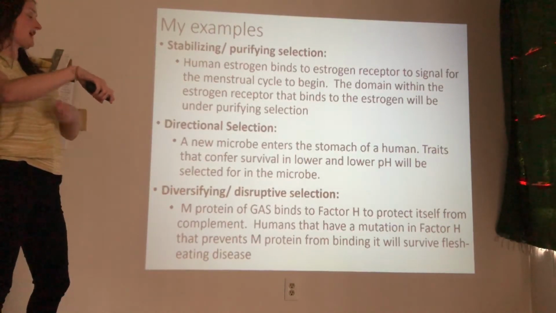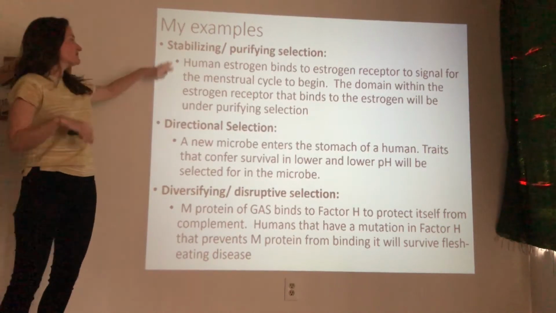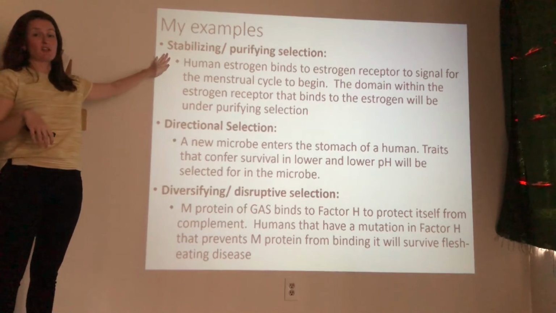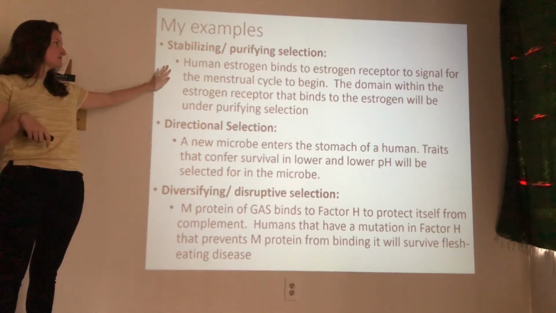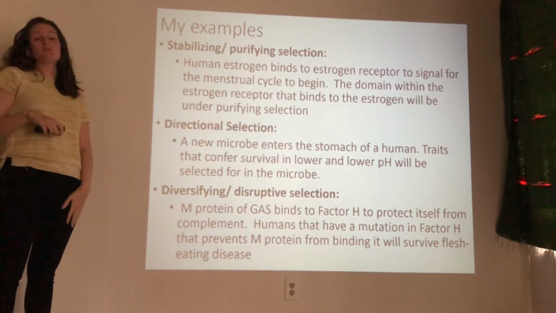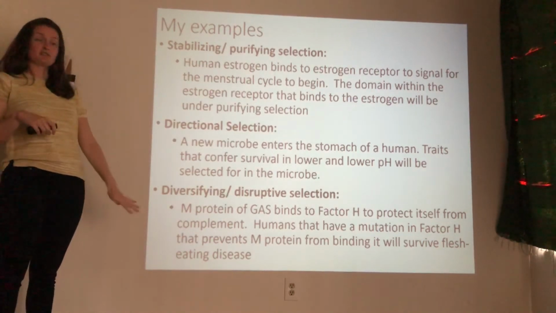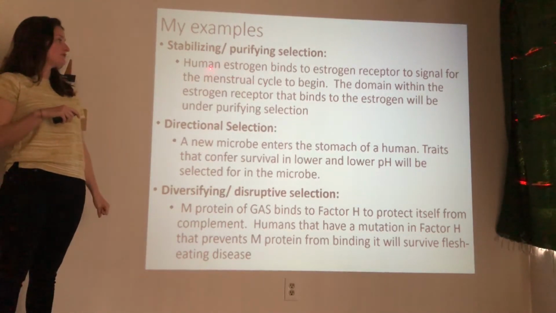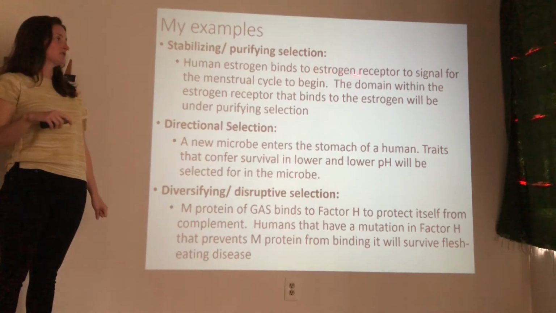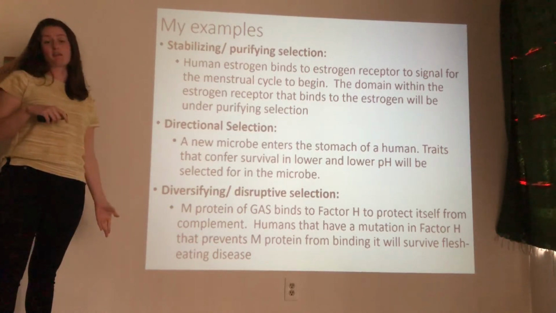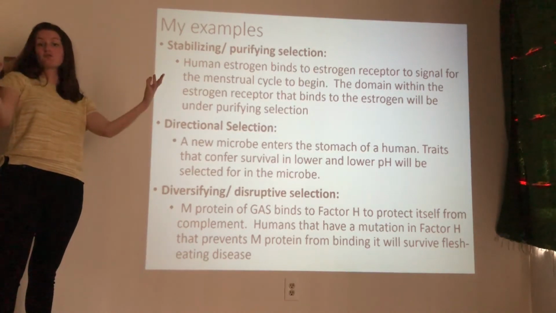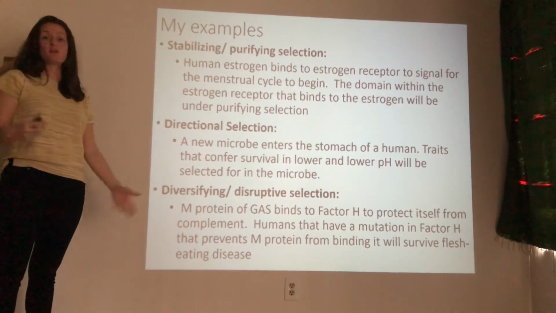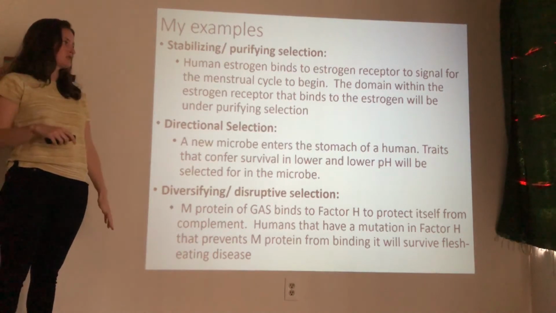So for the examples that I came up with, for stabilizing or purifying selection, in which changes are going to be lost because they're not advantageous, I came up with the example of human estrogen and human estrogen receptor. So if human estrogen binds to the estrogen receptor to signal for the menstrual cycle to begin, the ability of those two proteins to interact is going to be crucial for the fitness of that organism, because this is necessary for reproduction.